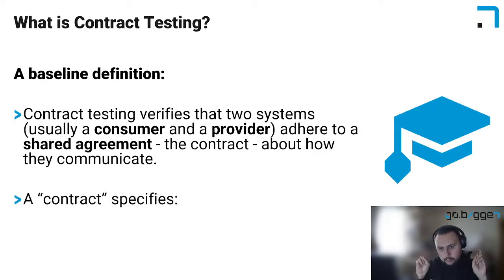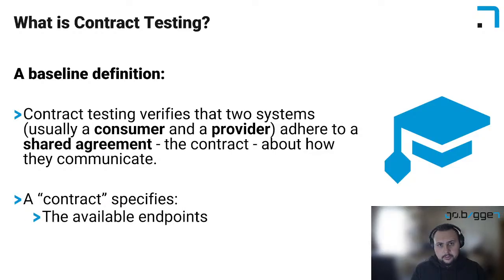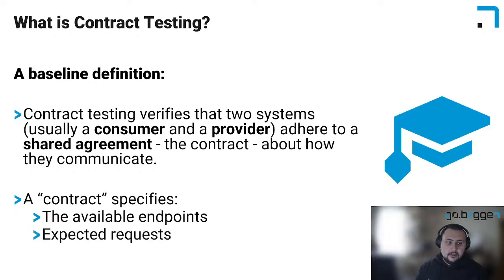What does a so-called contract specify? Well, we have three basic points for that. In this case, the available endpoints. In this case, we are talking about a backend service. That is where the contract testing comes into play. So, for example, we have a software that has the endpoint test. And inside this test, we have some expected requests.